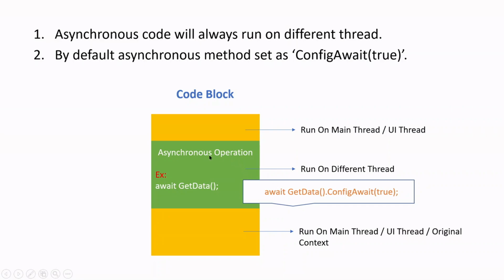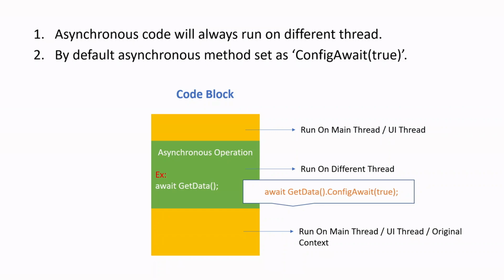Once this asynchronous operation is completed, it will return back to my main thread or UI thread, the original context. This is the default behavior of asynchronous programming, the ConfigureAwait true behavior. So in summary, when ConfigureAwait is set to true, once the asynchronous method is completed, it will return back to the original thread or original context.